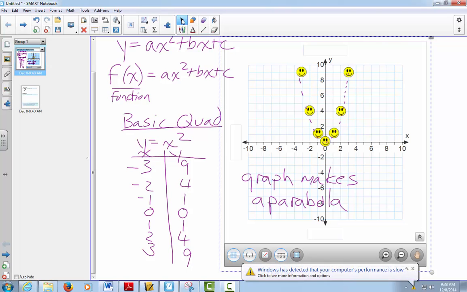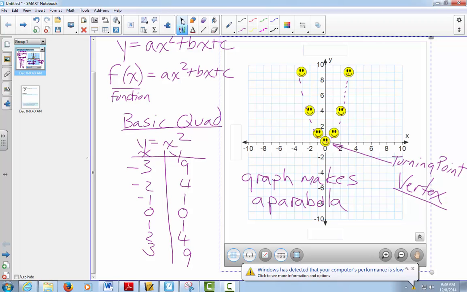Now, a couple of other pieces of information. This right here is called the turning point. Or, I prefer to use the phrase vertex. And what happens when you're dealing with a parabola, this is the lowest point, or highest.